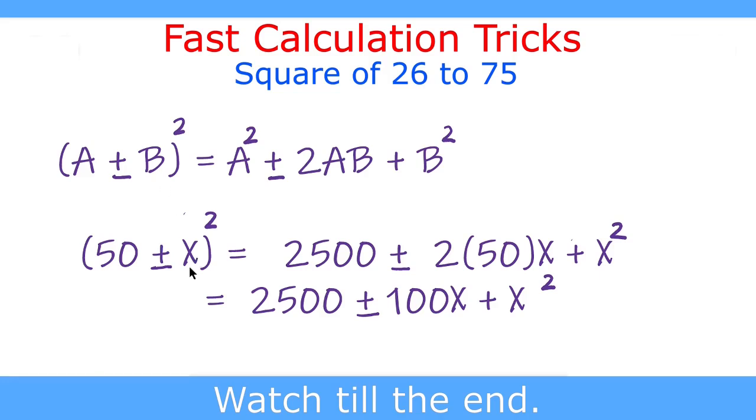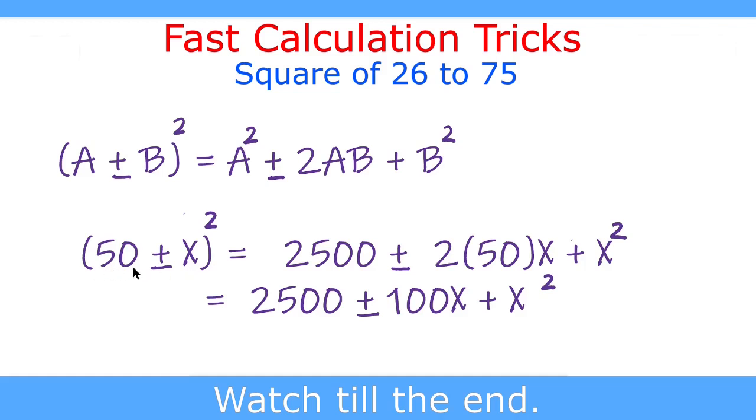Here x has the value which is the difference of the given number for which we are finding the square and 50. If the number is 55 and we have to find the square of 55, then we will be writing 50 plus 5. If the number is 47, then we will be writing it 50 minus 3.